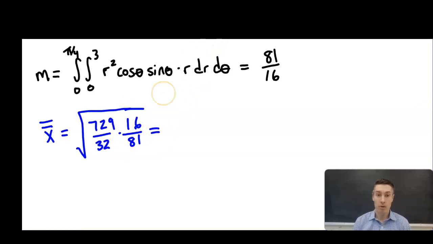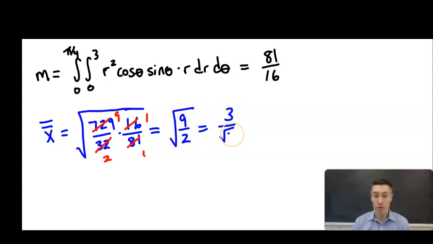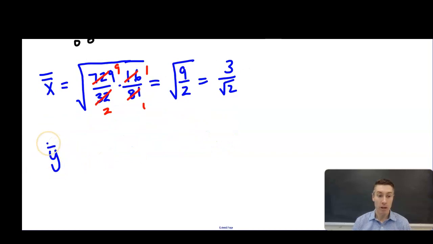We do get some reducing here, 1 and 2, and then the 729 and the 81, that would be 1 and 9. So this is really the square root of 9 over 2, which is 3 over the square root of 2.